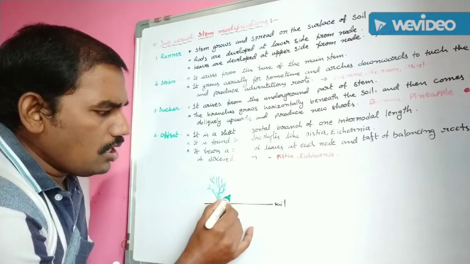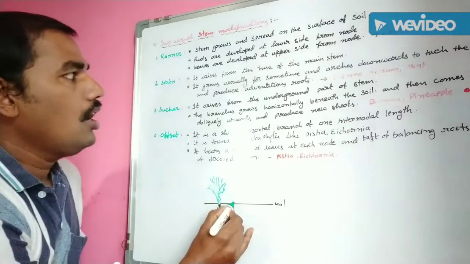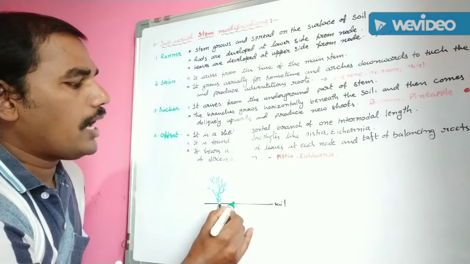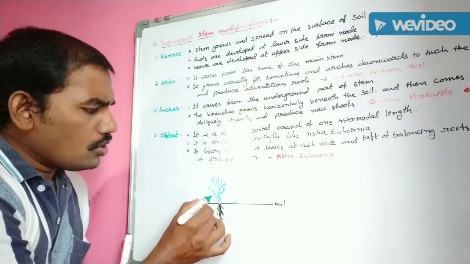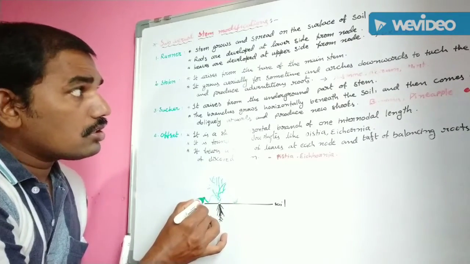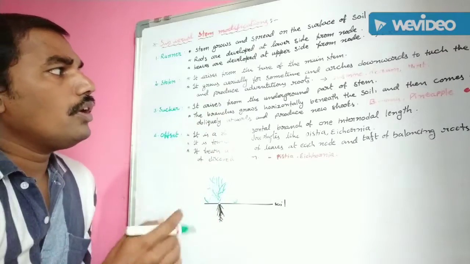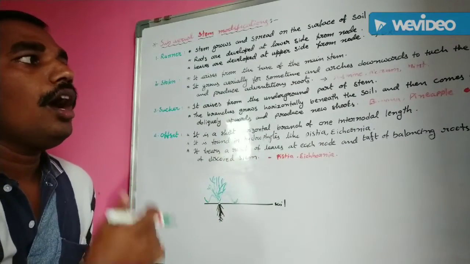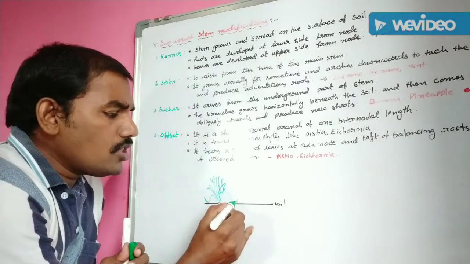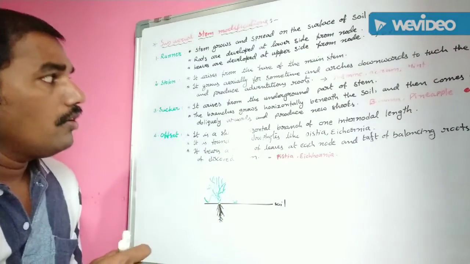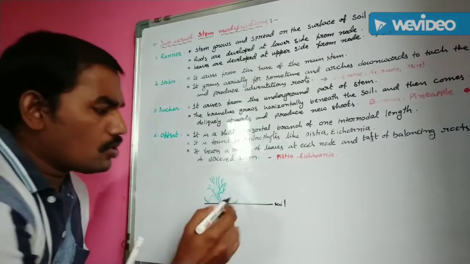These branches touch the ground and produce advanced roots. The branches nearest to the soil grow aerially for some time and arch downwards to touch the ground, and where they touch the ground they produce advanced roots.